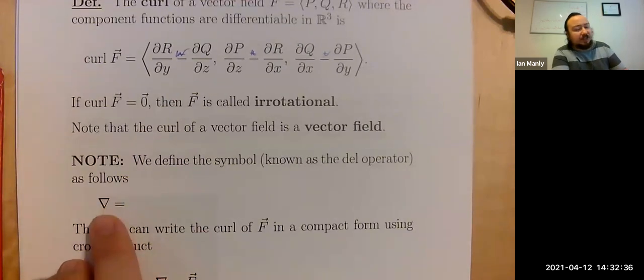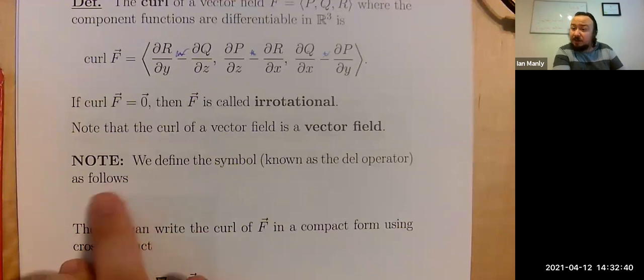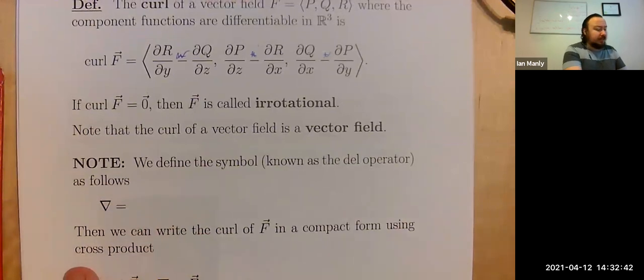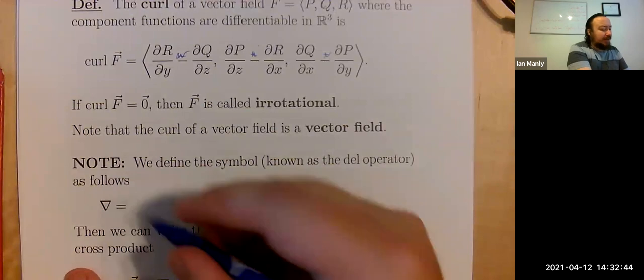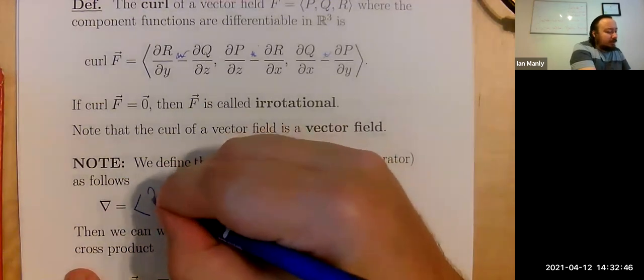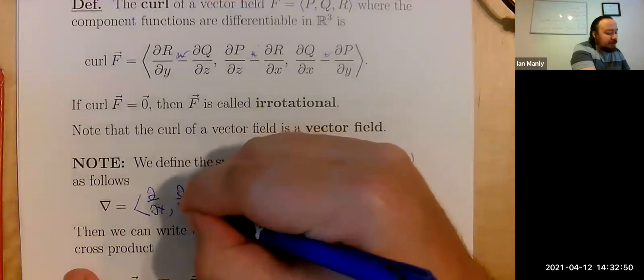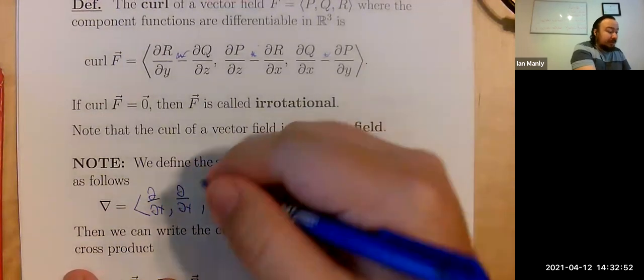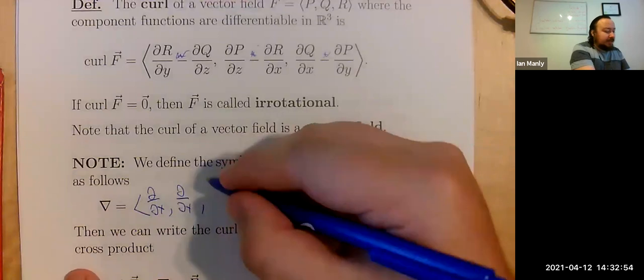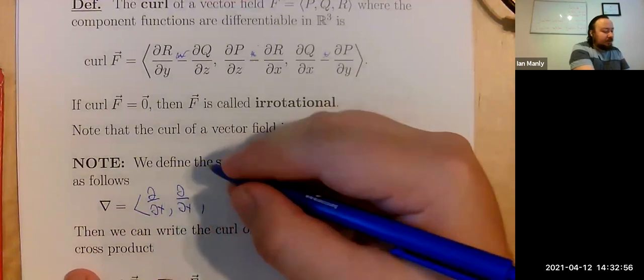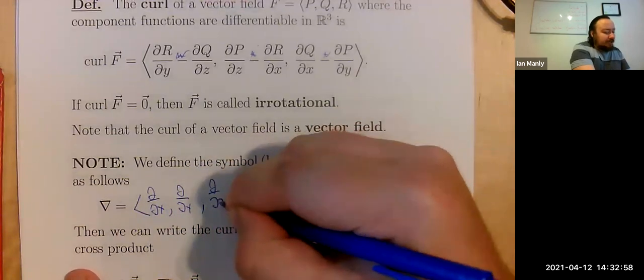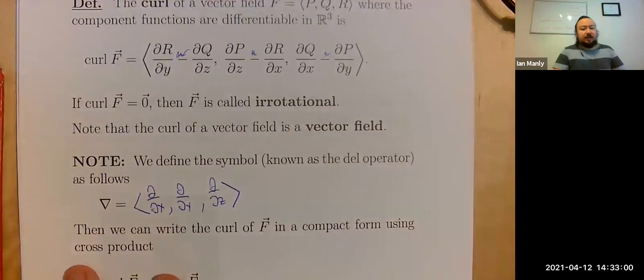We may recognize this symbol from when we computed gradients before, and this does have something to do with the gradient. The del operator is a vector where we put the partial derivative for each component in its matching component. So we have the x derivative in the x component, the y derivative in the y component, and the z derivative in the z component right here.